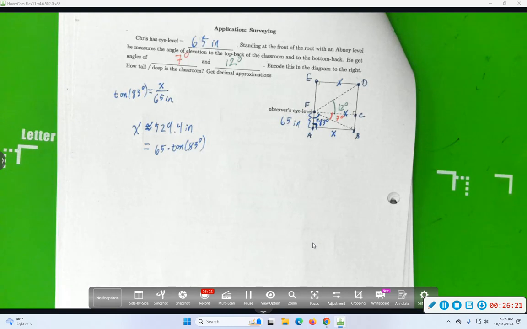All right. So let's just keep on going. Is there another side length whose length you can just know somehow?